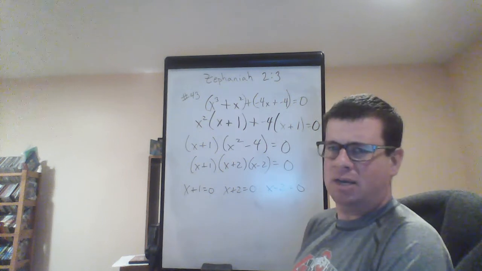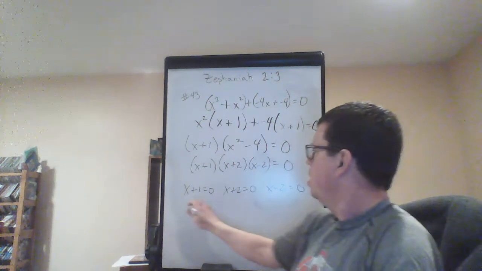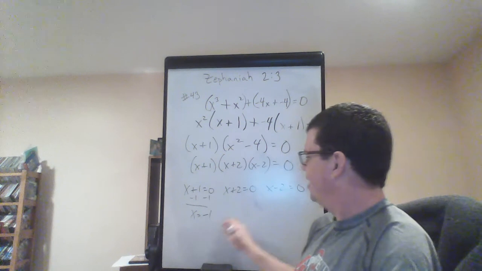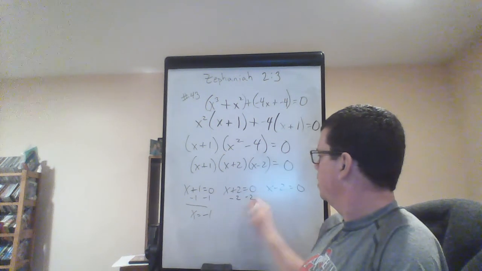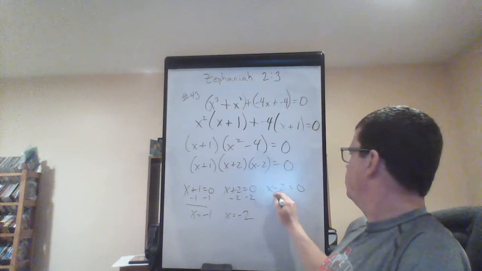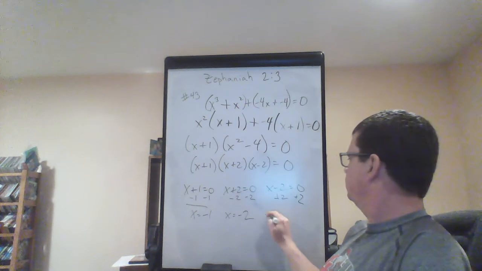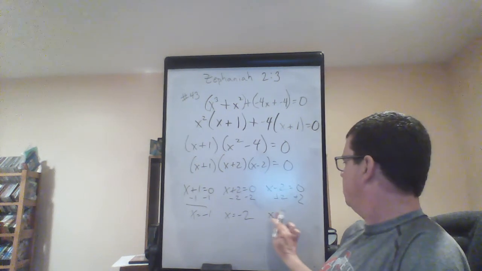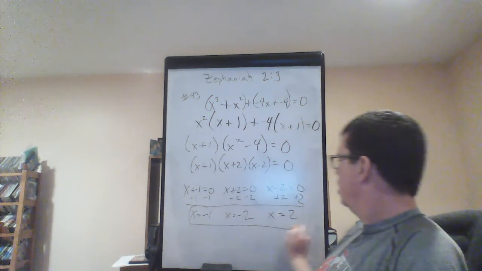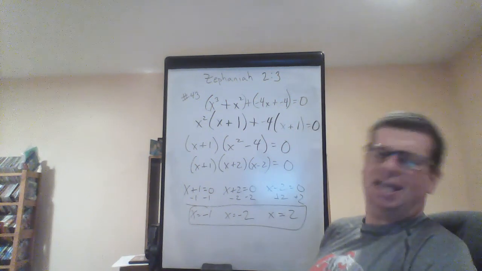One of those 3 equations has to be true. So now I'm just solving from there. Subtract 1 on both sides, I get x equals -1. Subtract 2 on both sides, I get x equals -2. And then add 2, I get x equals, not plus, x equals +2. So 3 solutions.